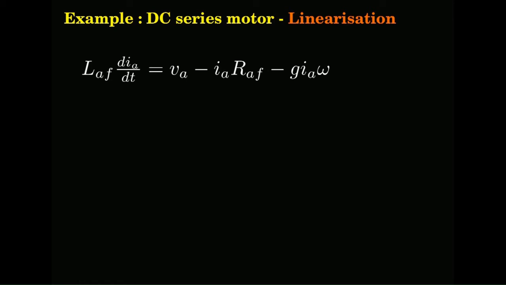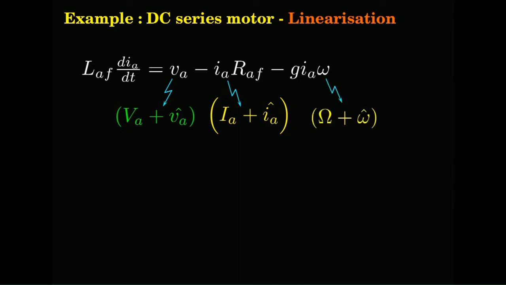So, let us say I have for VA two parts, VA plus VA hat. This is the deviations about the nominal operating point, and this would be IA plus IA hat, and I will use omega and omega hat. So, this is what they are composed of, right.